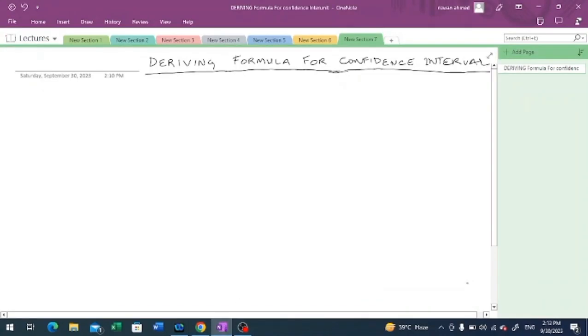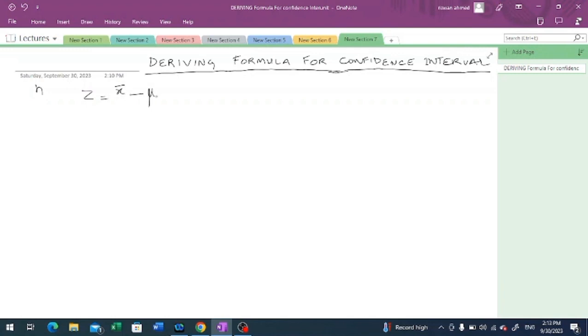Hi students, now we'll talk about how to derive the formula for the confidence interval for the population mean mu. We have discussed that when we draw a sample of size n, we use z as a sampling distribution for the sample mean with this structure.